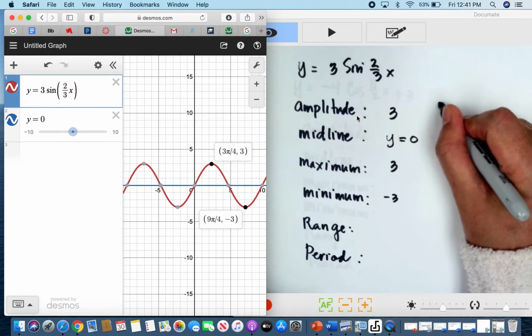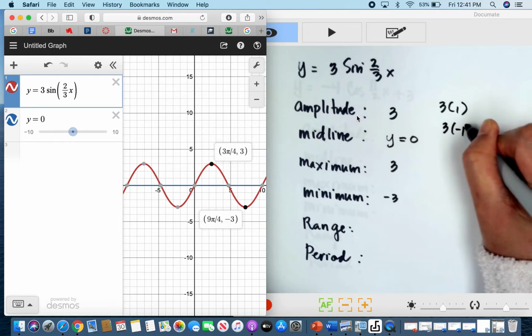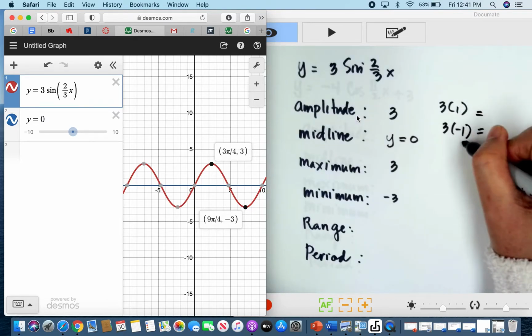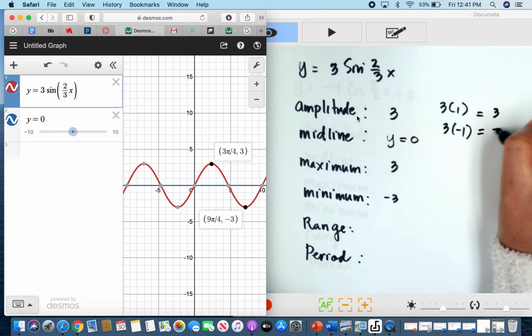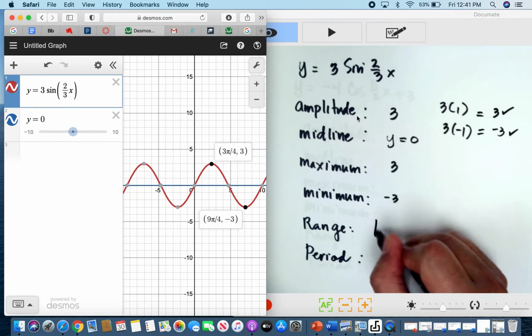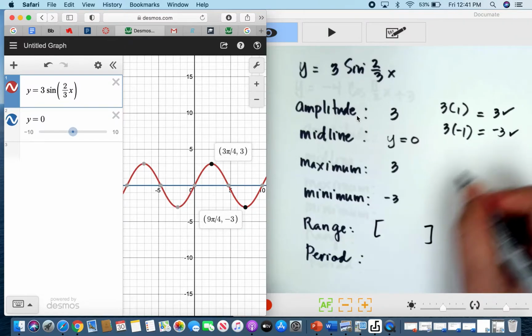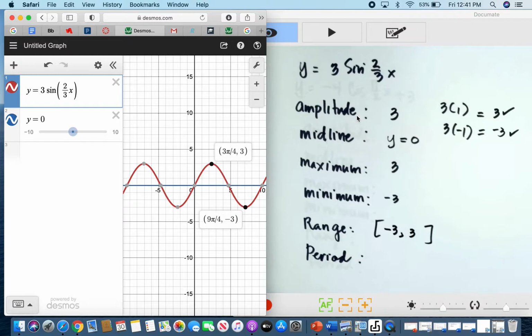Therefore, to find the maximum or minimum, replace the sine function with 1 and -1, and you have 3 and -3. This is higher, so it's the maximum. This is lower, so it's the minimum. Therefore, the range would be -3 to +3, so the values of y cannot exceed 3 and -3.